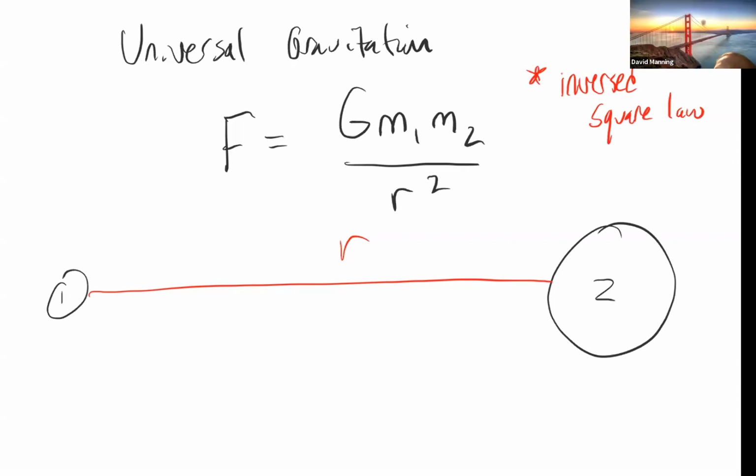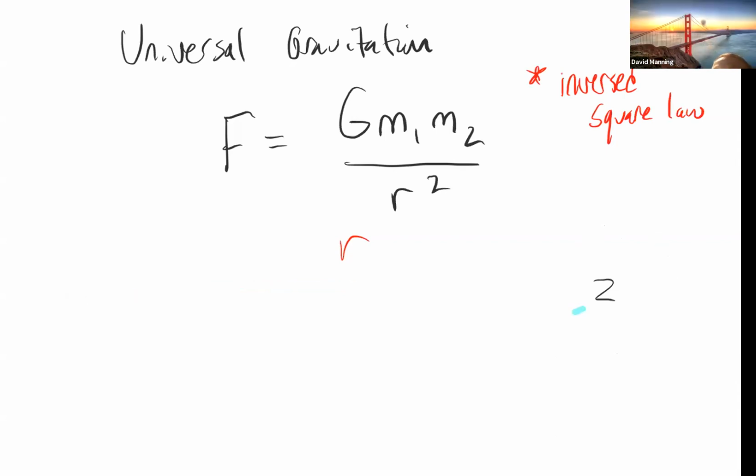Now, let's say we have the Earth. I'll make it blue for the Earth. There's the Earth, and we have an object up here. We have somebody up here. I don't know what they're doing, skydiving or something.